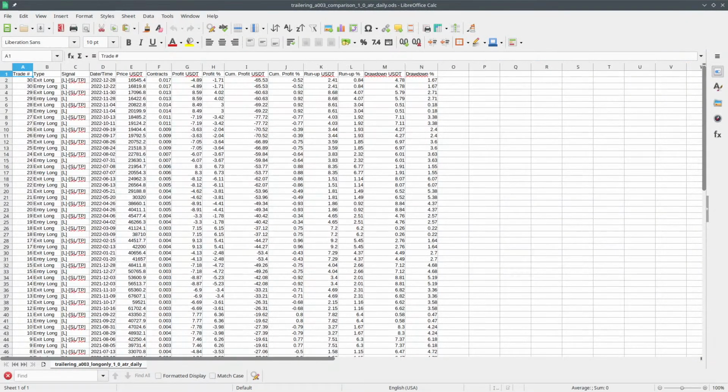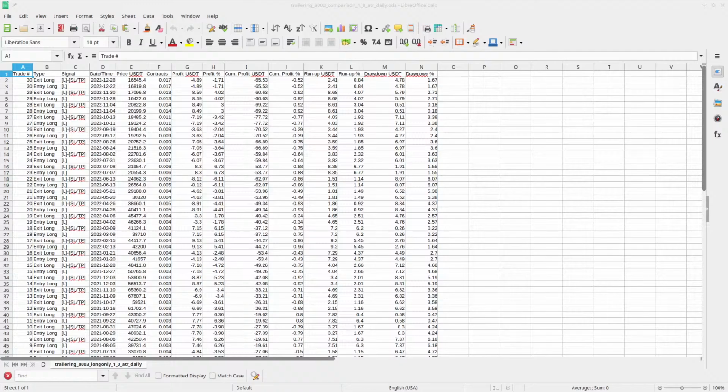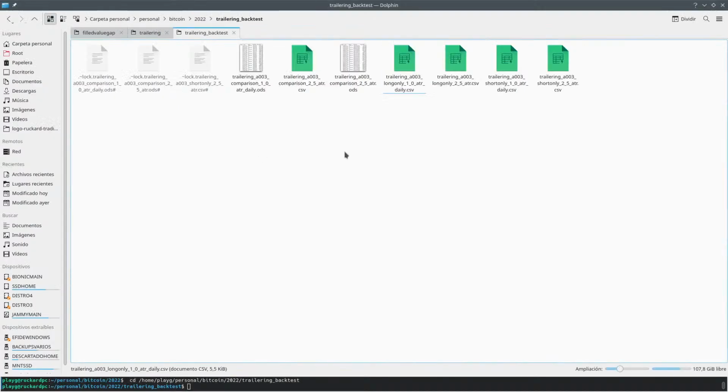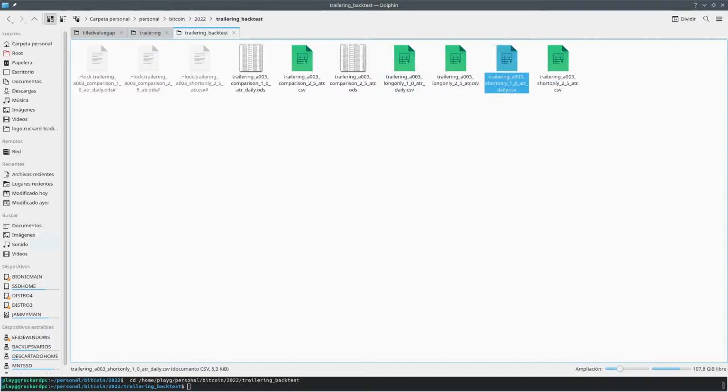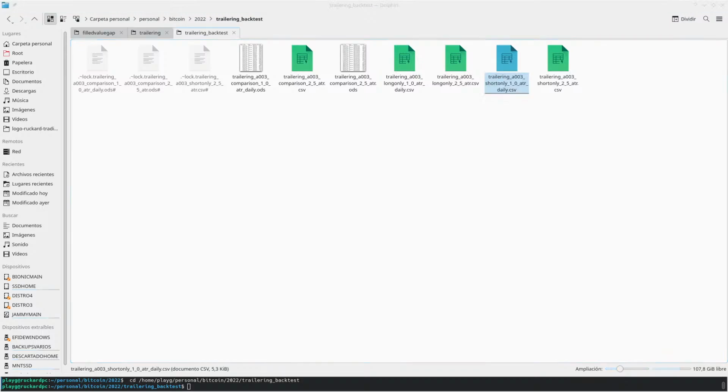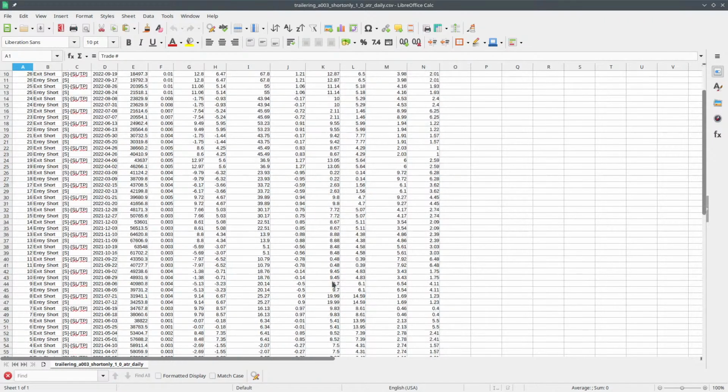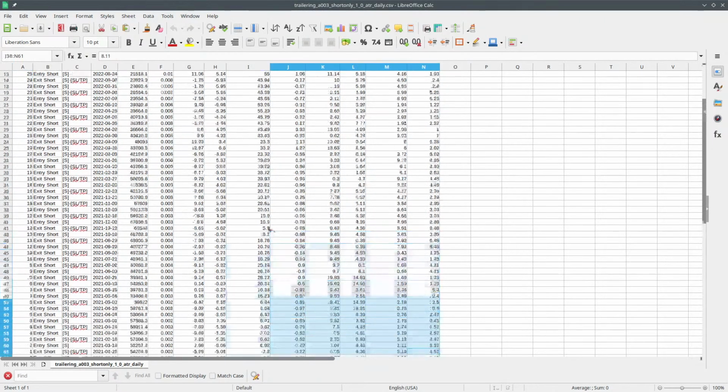So I want to open the ones that are short only. So now we can open this, we can copy and paste.